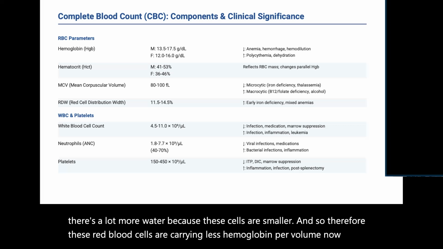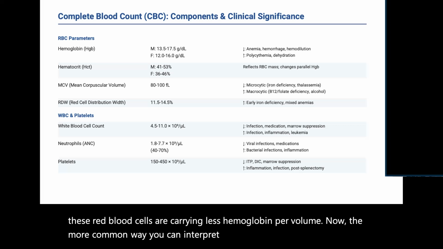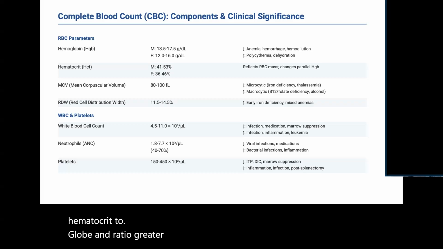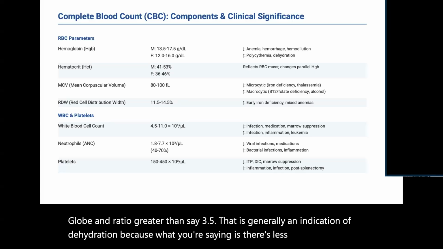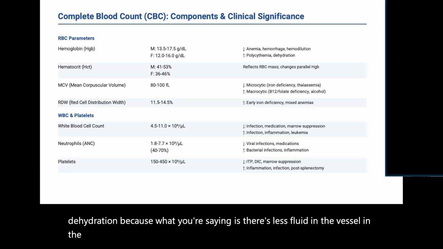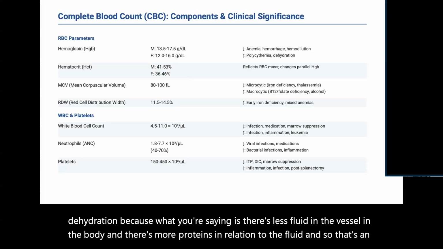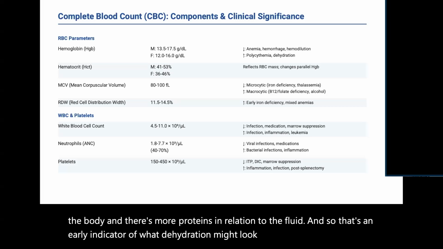The more common way to interpret this is a high hematocrit to hemoglobin ratio, greater than, say, 3.5. That is generally an indication of dehydration, because there's less fluid in the body and more cells in relation to the fluid. That's an early indicator of what dehydration might look like on your CBC.